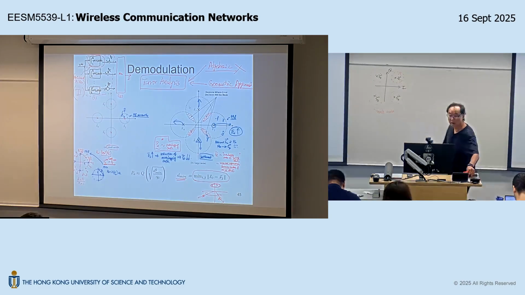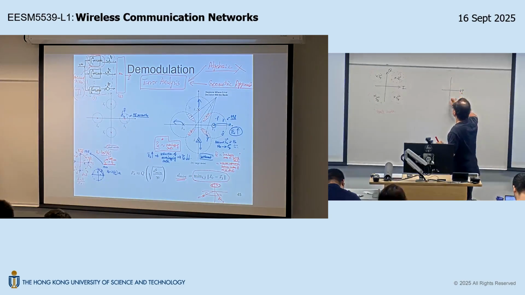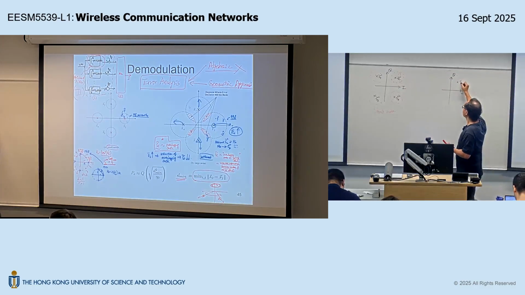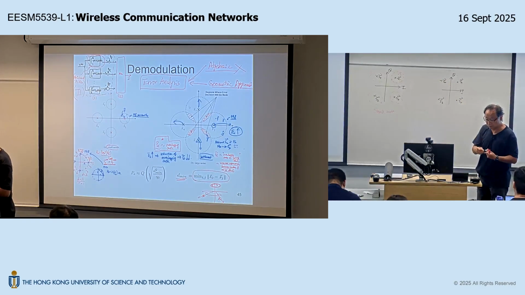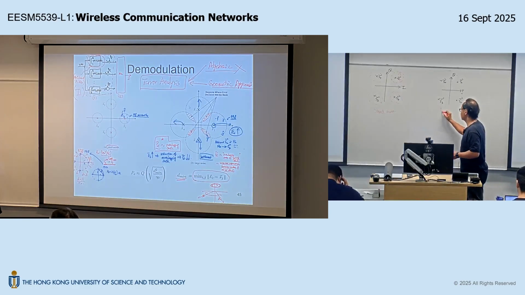So now let's look at another extreme. This is again the received signal space. It's S1, S2, S3, and S4, the same signal set members. But in this case, let's assume we have large noise power.